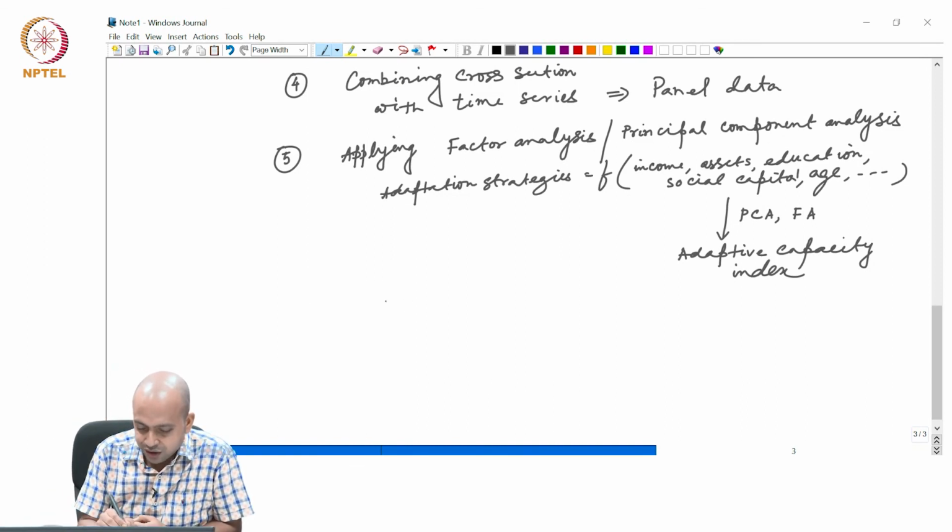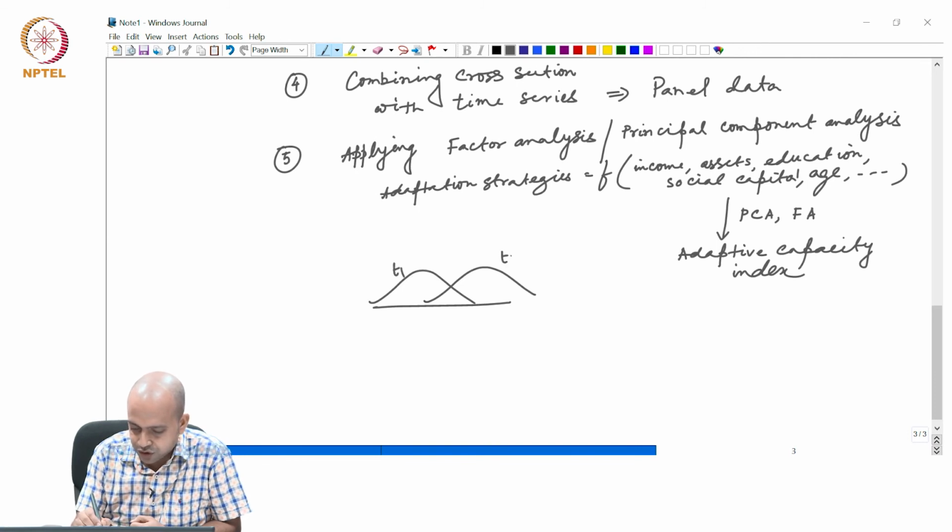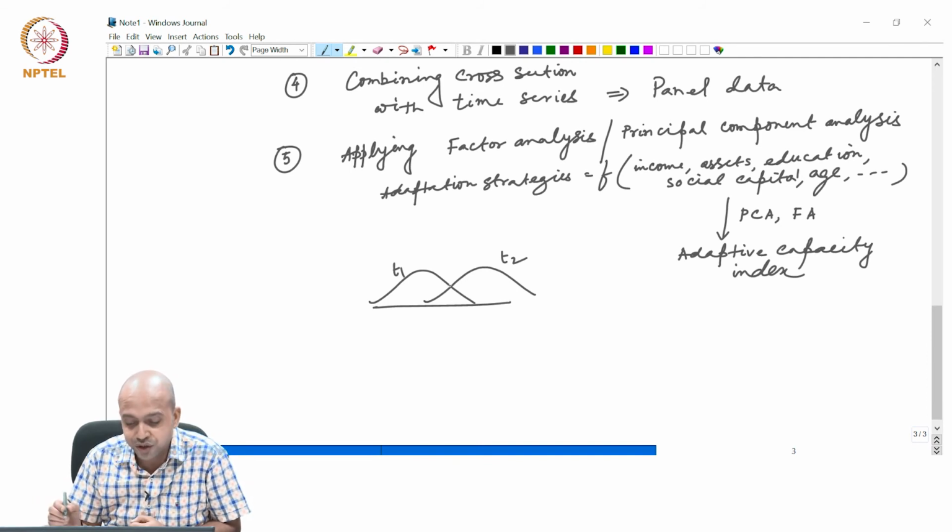Here, once again I will apply the diagram. Let us say this is the T1 distribution, this is T2, and both are insignificant. But just because both are insignificant, we cannot say that the model is also not overall significant. That means T1 and T2 should not map with F. Why?